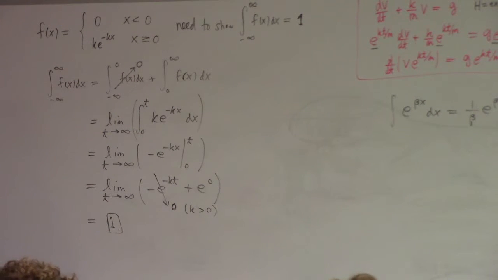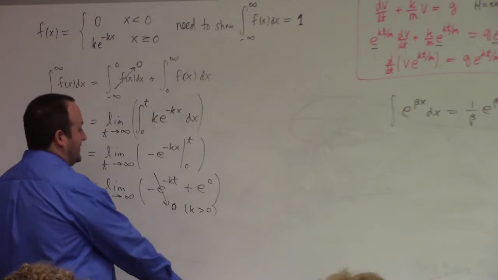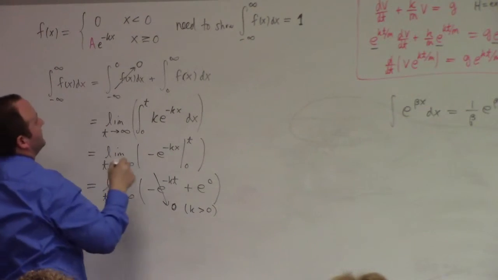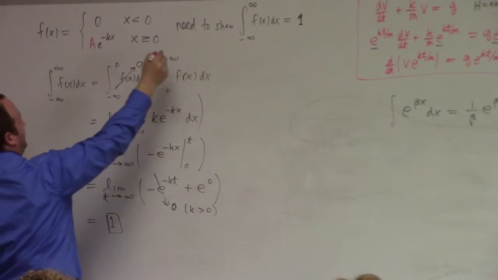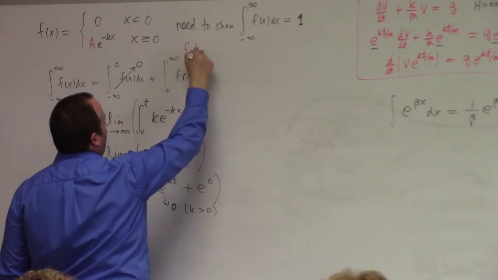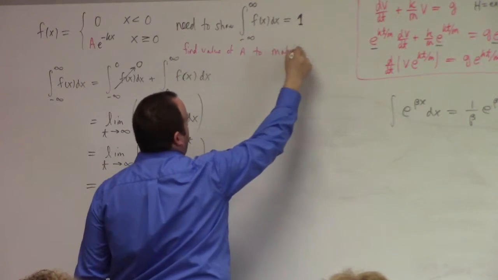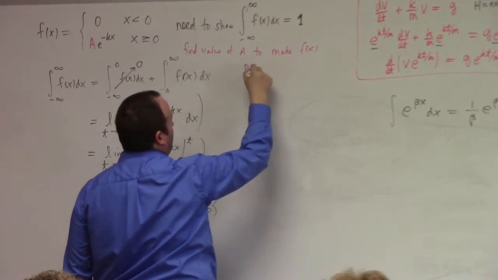How can I make this a more interesting test question? Not make the x less than 0 equal 0? I guess I could do that. I was thinking something like, make it all mysterious and use A, and then find the value of A to make f of x a probability distribution, yeah?